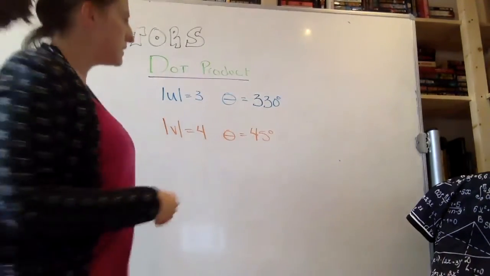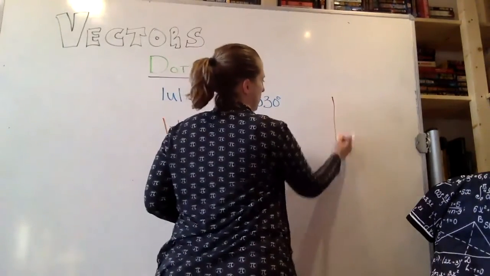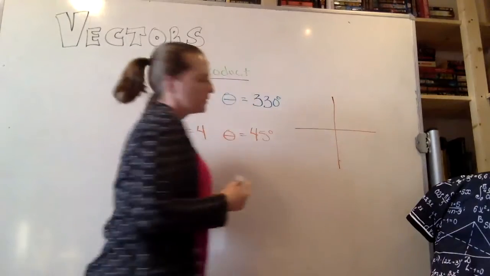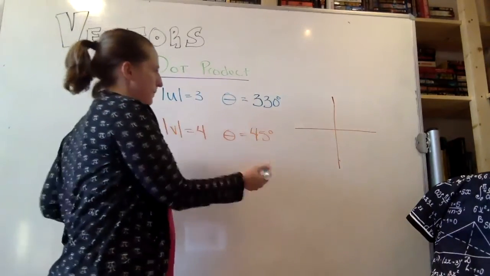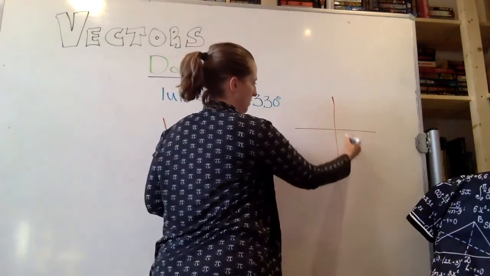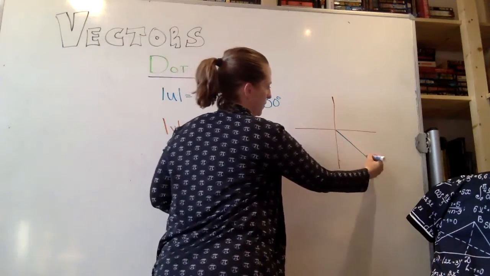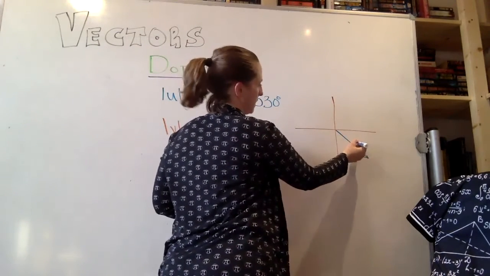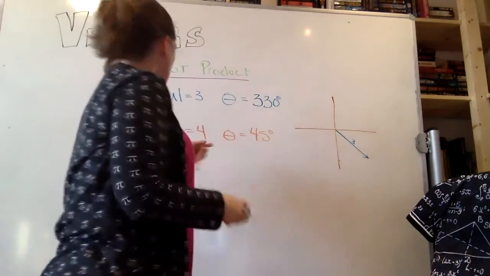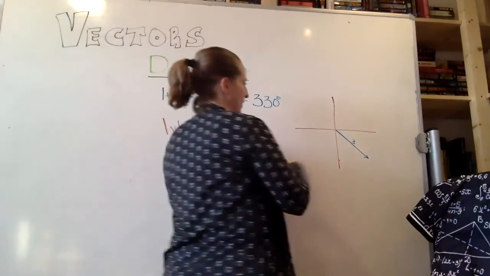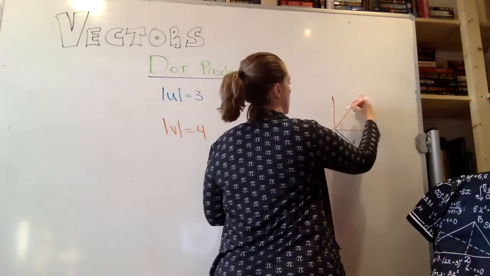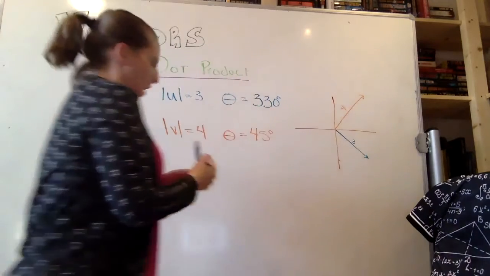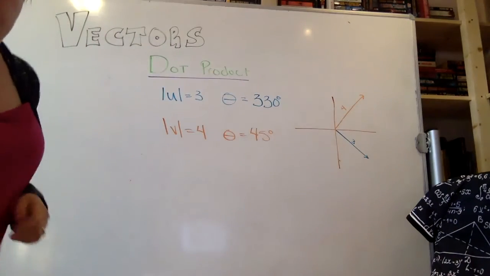So let's sketch these and see if we can think about what the dot product might be between them. Our first vector U is at 330 degrees, so I'm going to come all the way around to 330 degrees, and it has magnitude 3. Vector V is at 45 degrees, and it has magnitude 4, so it's going to be a little bit longer. All right, so here are our two vectors.